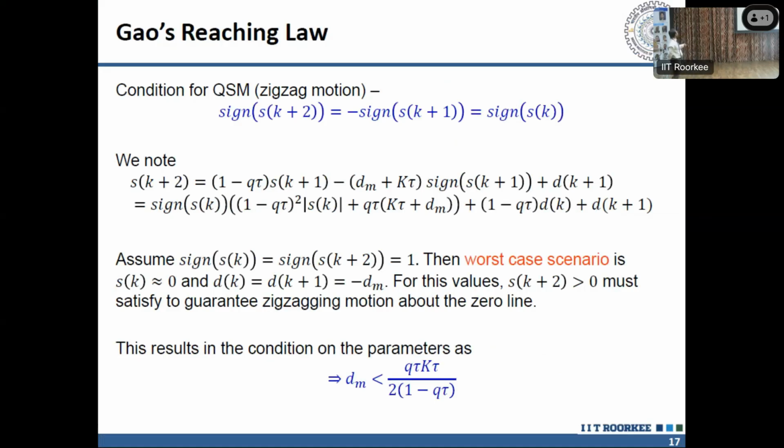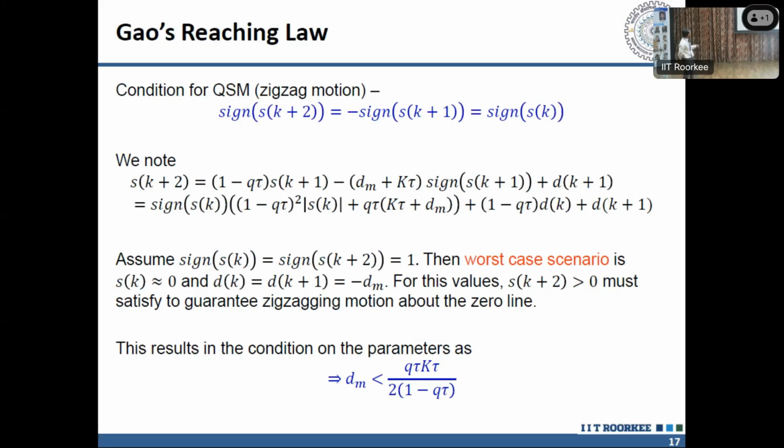Okay. So we note that Sk plus 2 is this. You can simply take a step forward in the reaching law that is proposed for Sk plus 1. So you make it Sk plus 2, then you have 1 minus 2 tau Sk plus 1, and this is sin Sk plus 1, dk plus 1. Then you put the Sk plus 1 back here, and you need that the sign of Sk and sign of Sk plus 2 should be the same.